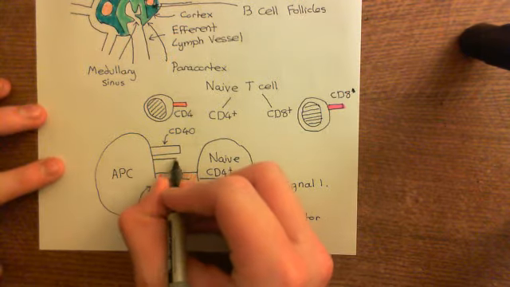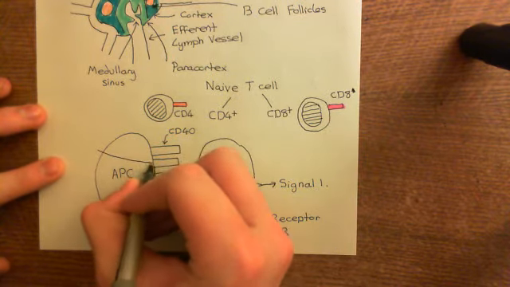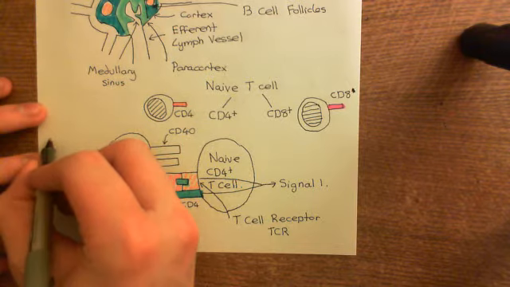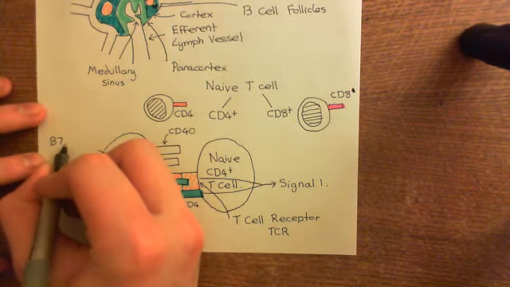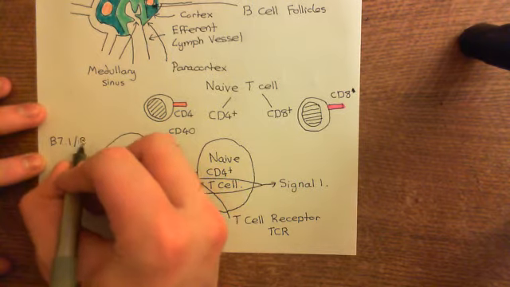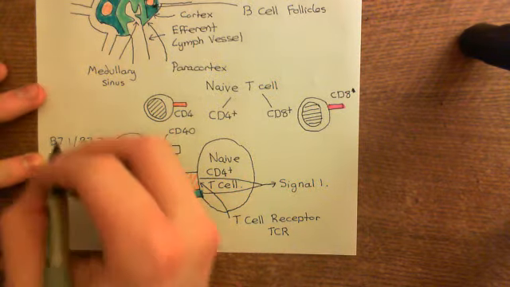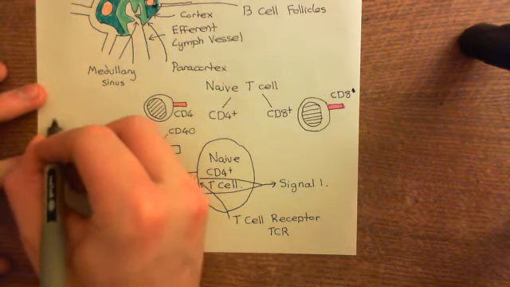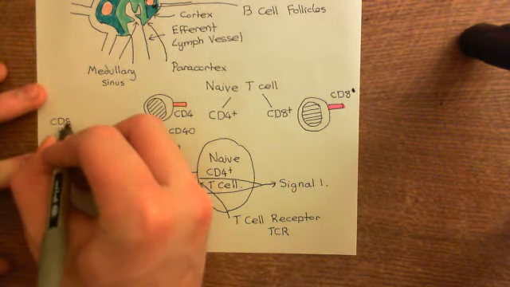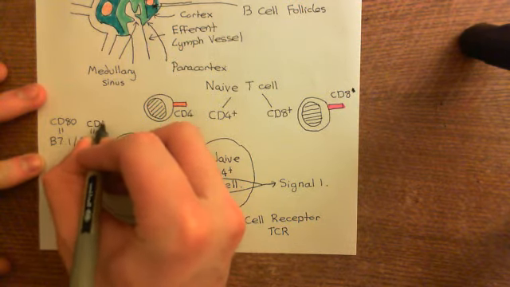You're also going to produce B7.1 or B7.2, and this is also going to be very, very important. These are the co-stimulatory molecules. Both of these two molecules also have other names. B7.1 is also known as CD80, and B7.2 is also known as CD86.